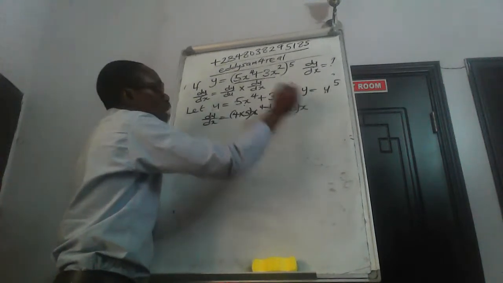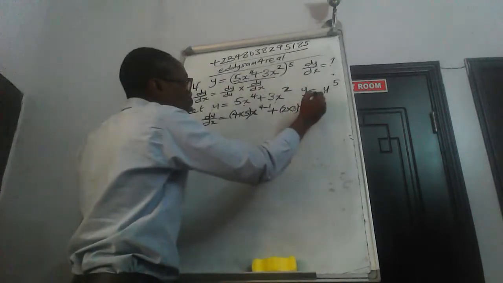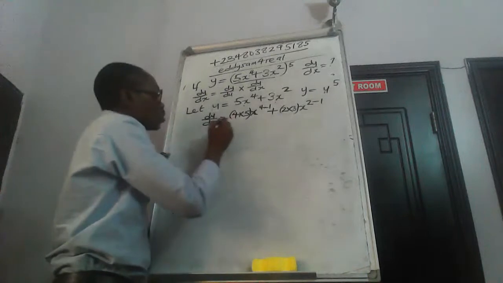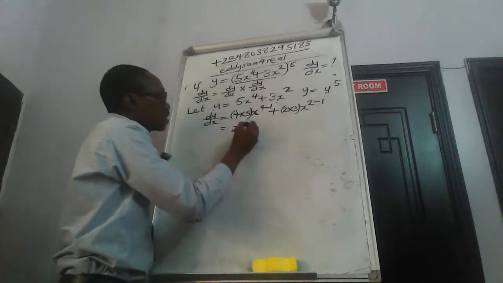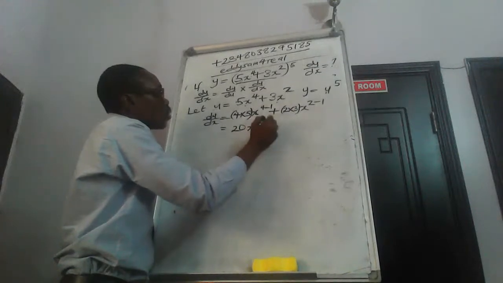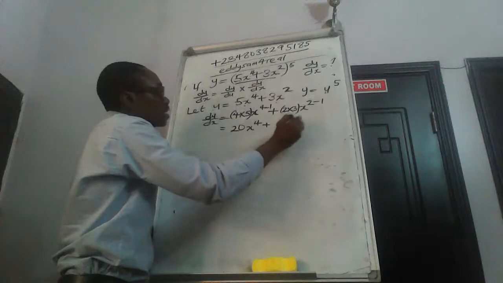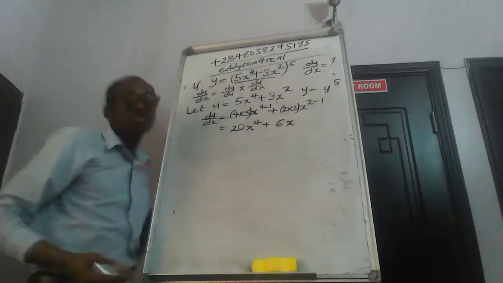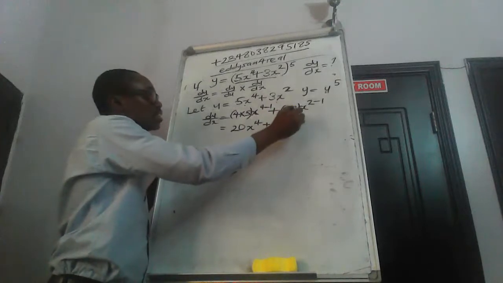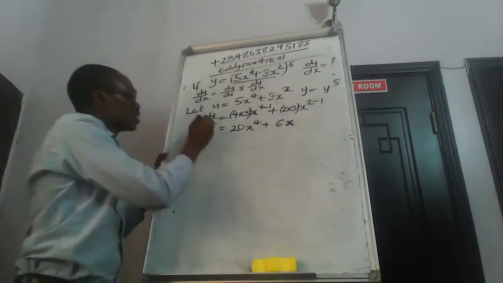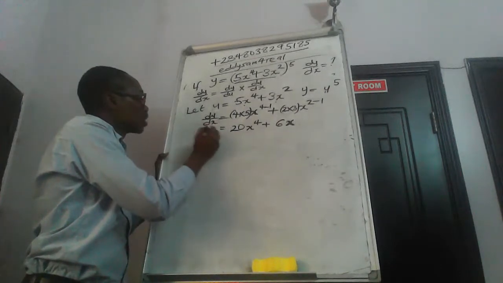Then your power will decrease by 1, so you're going to have 2 minus 1. So over here 4 times 5 is 20, x raised to power 3, plus 2 times 3 is 6, x raised to power 1, which we don't need to write any longer. So this is our du/dx.